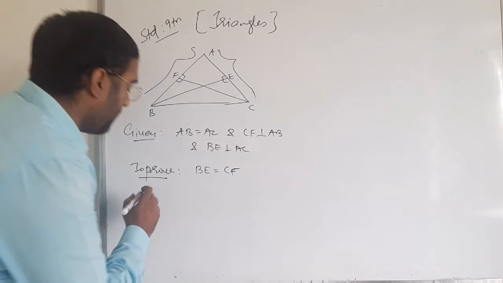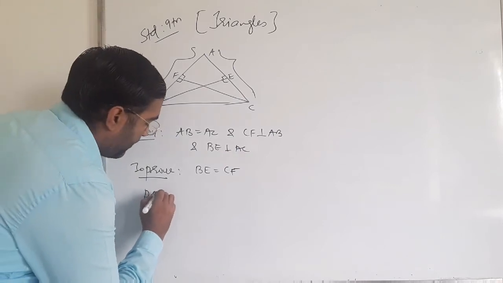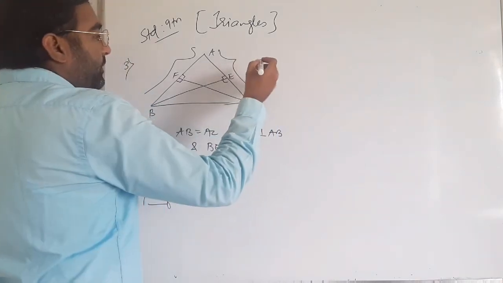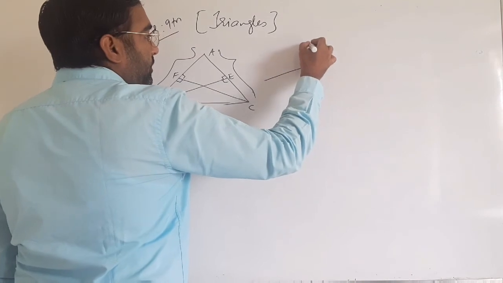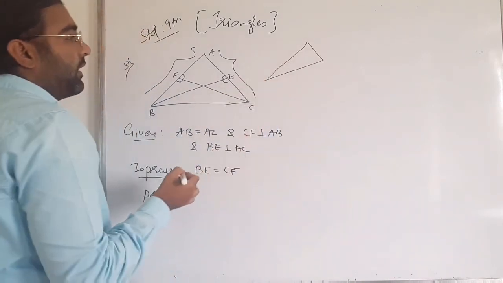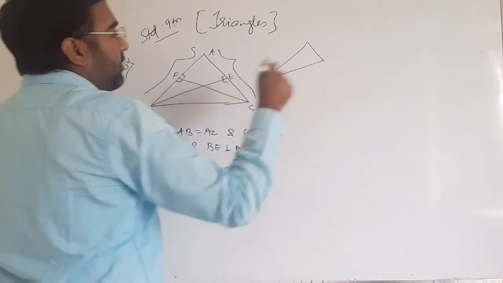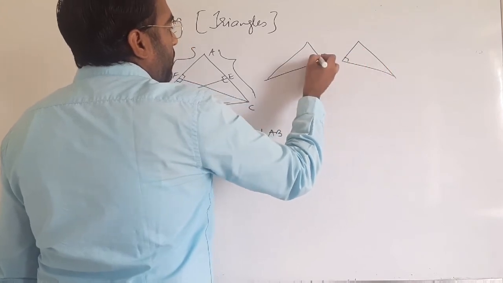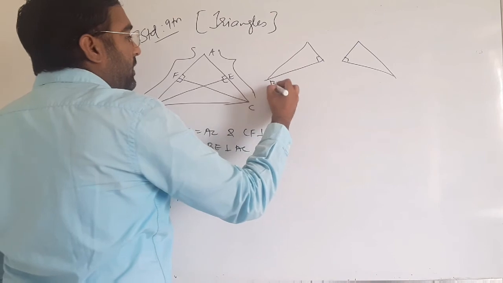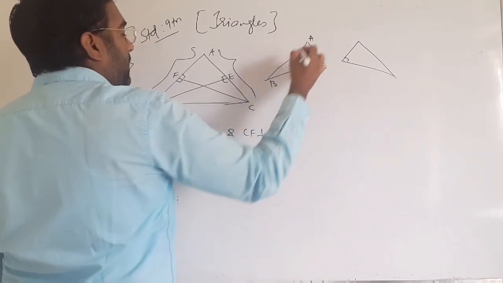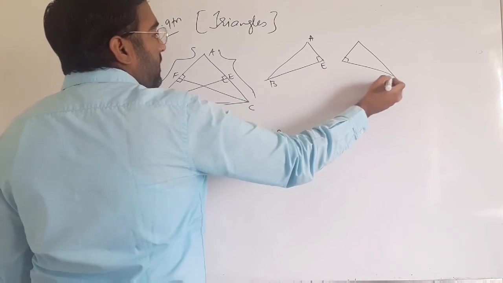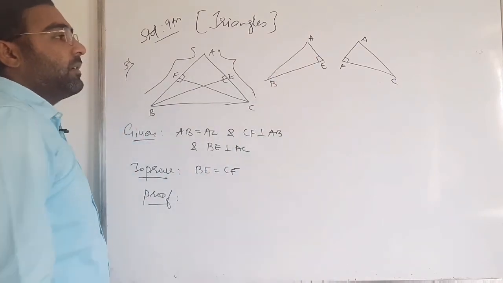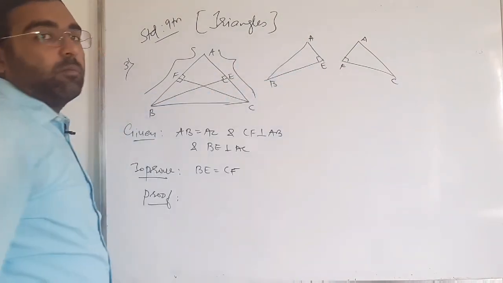So for that proof, we are taking one triangle and the second one as this triangle. Here both of the 90 degree angles are given, AEB and AFC.